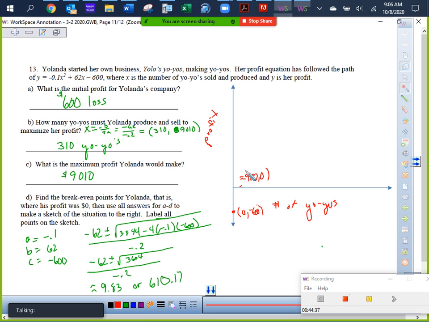That's a 3. Didn't look like a 3, but it's a 3. Pen's really freaking out. Make that look like a 3. And I'll put 610 way over here. 610.17, comma 0. And then smack dab in between those two, I'll put my vertex of 310, 9,010.